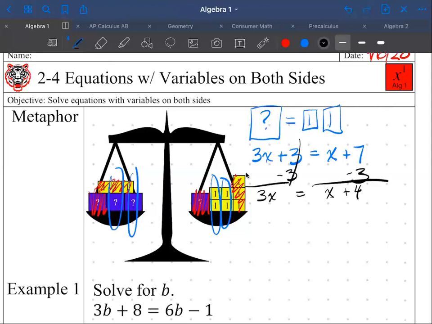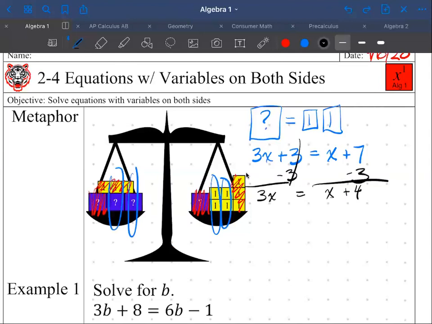And then going with the step that I chose, to remove one unknown block from each side of the scale, what would that correspond to as an action for our algebra? Jose?